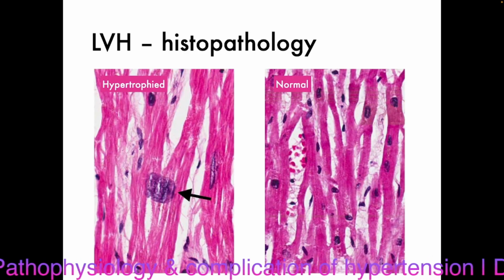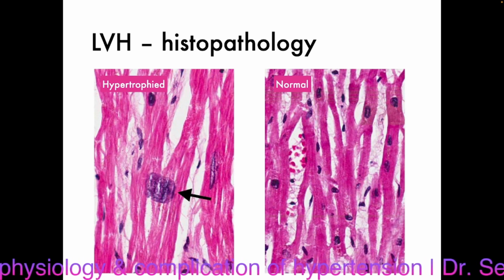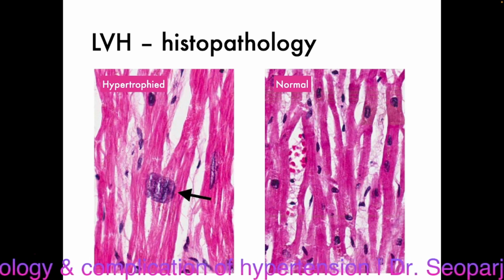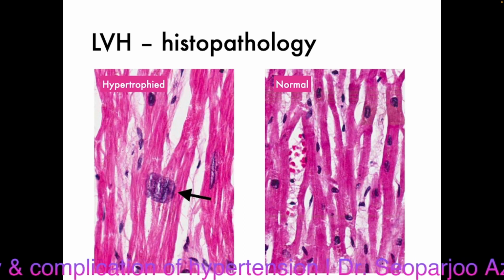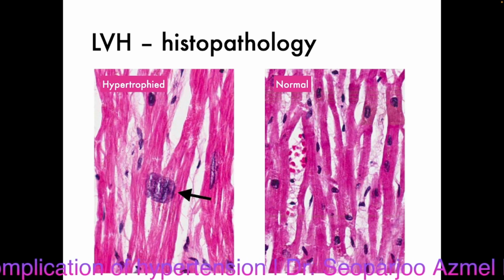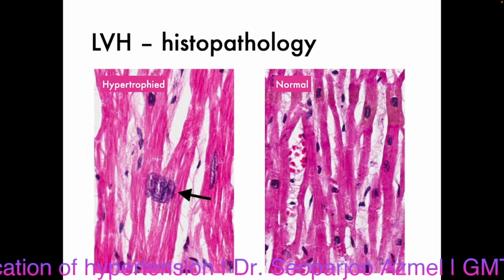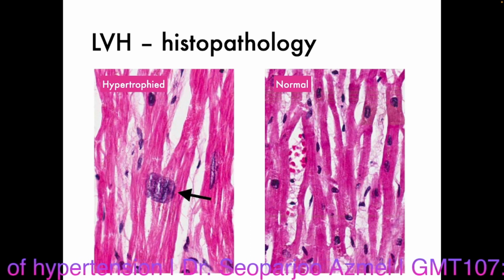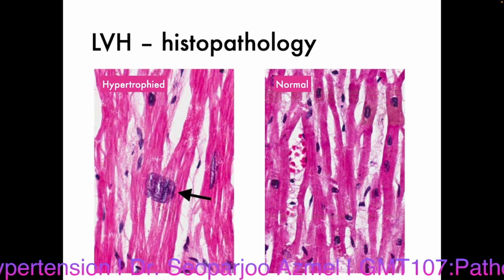Again, this is how you see it histologically. The transverse measurement, in this picture from right to left, will be increased compared to the normal muscles.